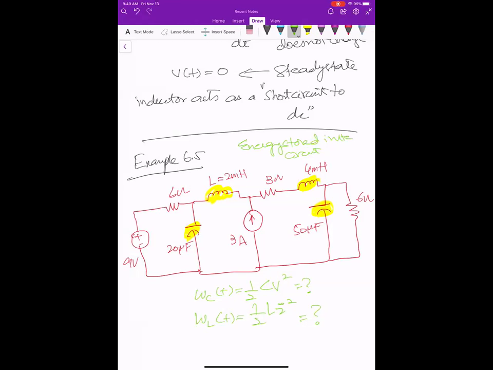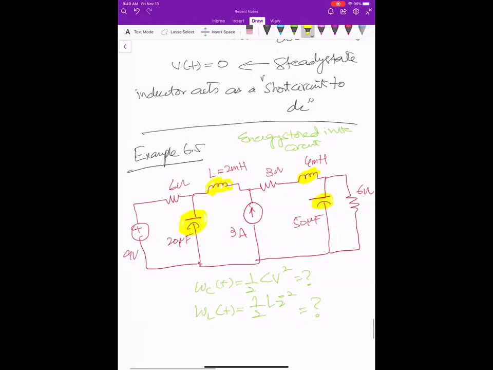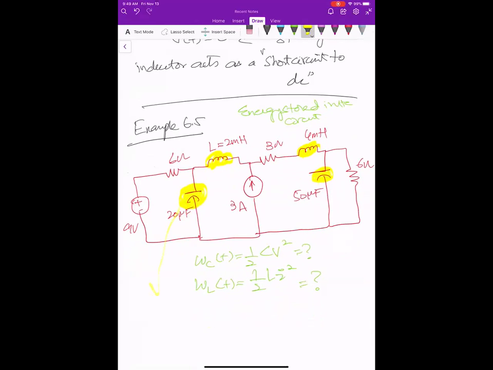So let's say if I want to find the energy stored in this capacitor, I can just take the capacitance of this, 20 microfarad, but I have to know what is the voltage across this capacitor, right?